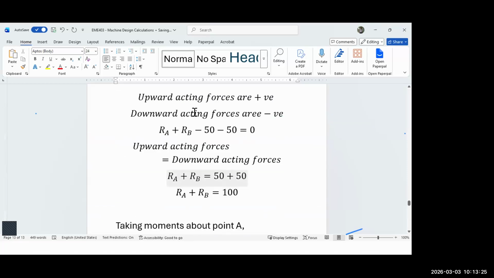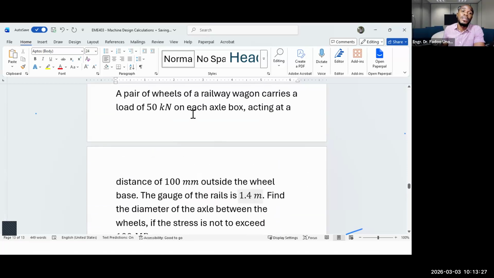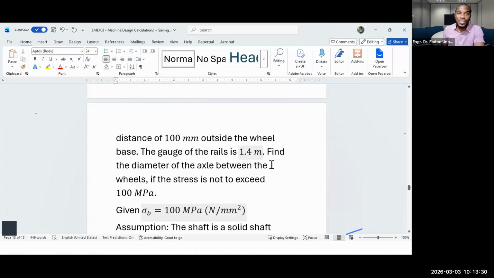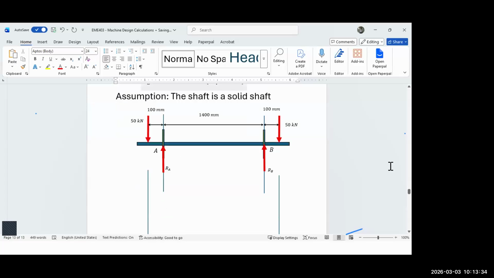We should find the diameter of the axle between the wheels if stress is not to exceed that.